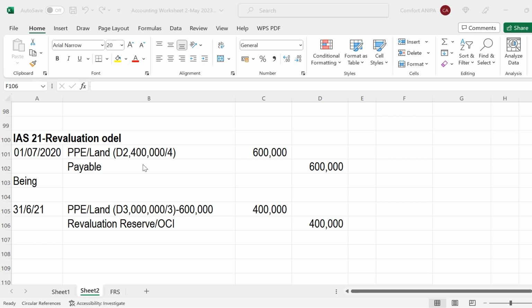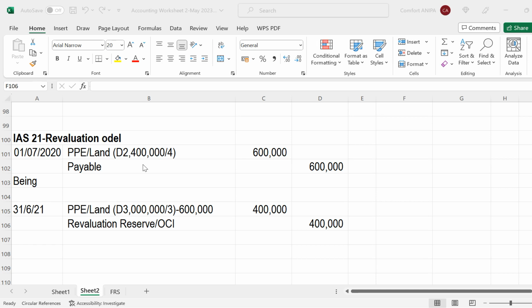Here you can assume anything, but just remember that if you assume payable, then at the end of the year you must also translate the payable using the closing rate at the end of the year.